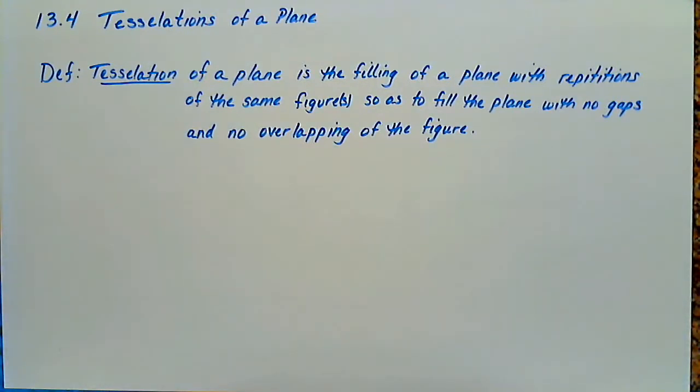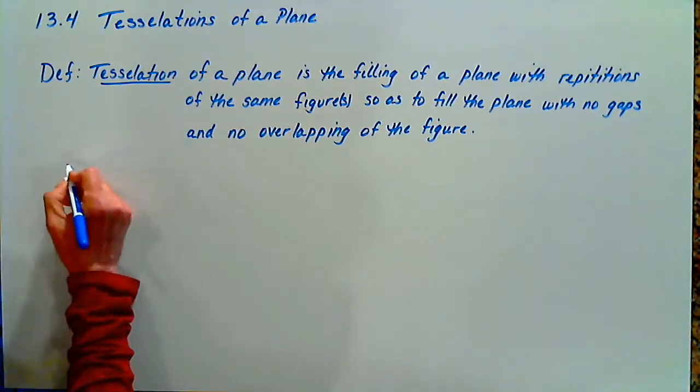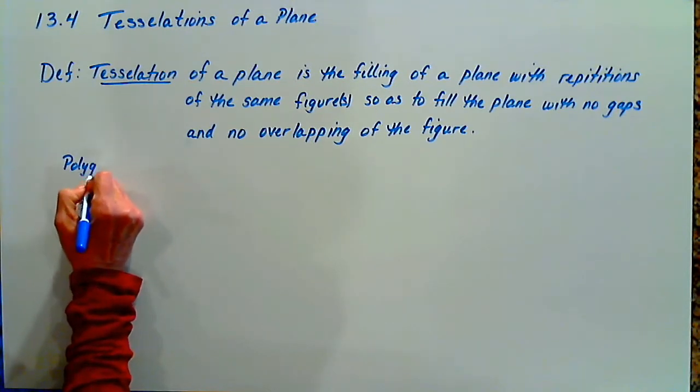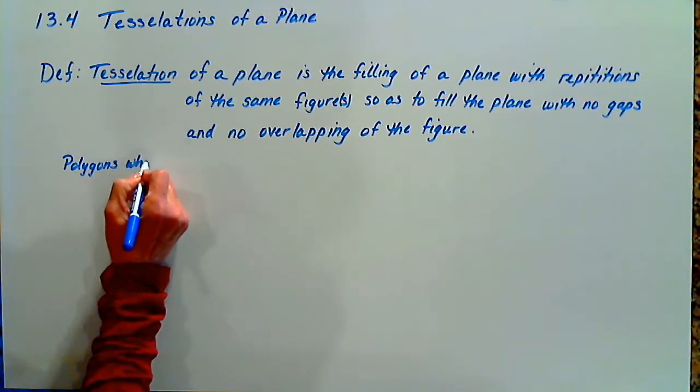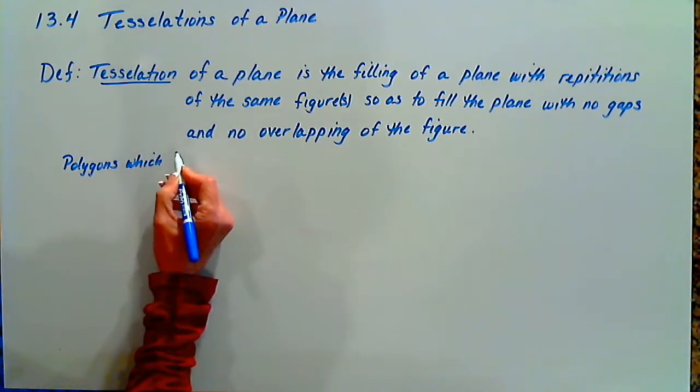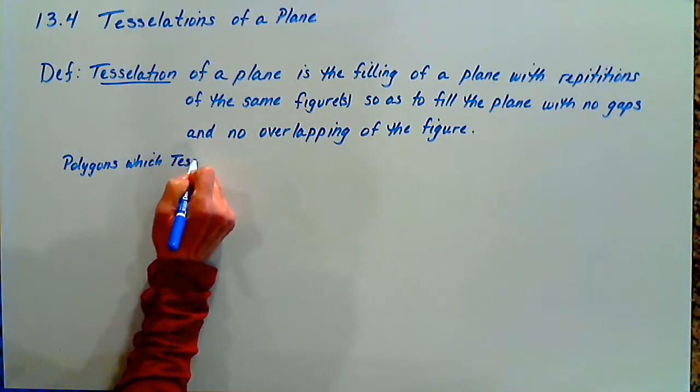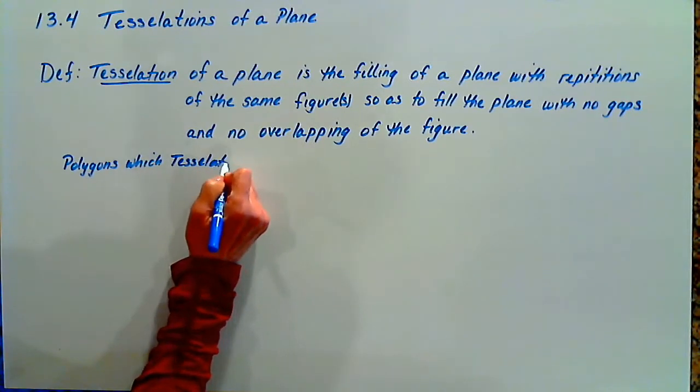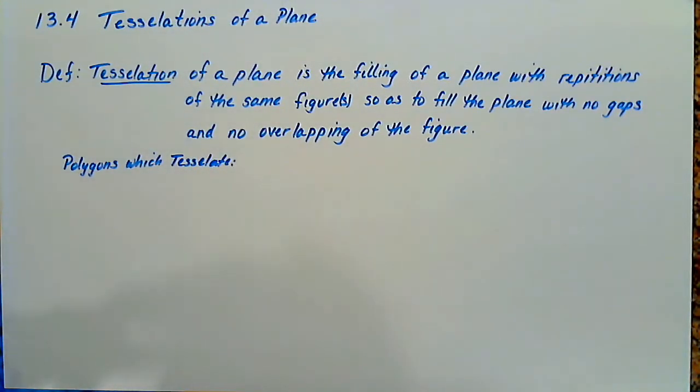So let's take a look at what we mean by tessellations. Okay. So there's only a few regular polygons which will tessellate. Polygons which tessellate. What we want to think of are some of the regular polygons, and we're talking about a plane, so we're talking about a flat surface.